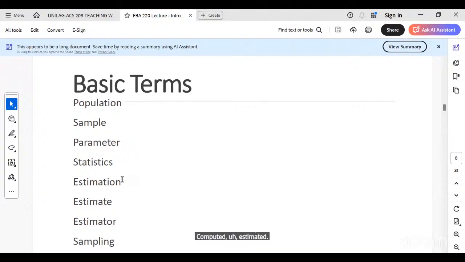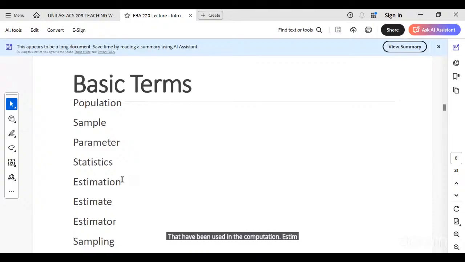So estimation is the procedure by which the value of the population parameter is computed, is estimated. Estimates are the values that you arrived at after your estimation, your result. What your formula yields is called the estimate, while the estimator is the formula that has been used in the computation.